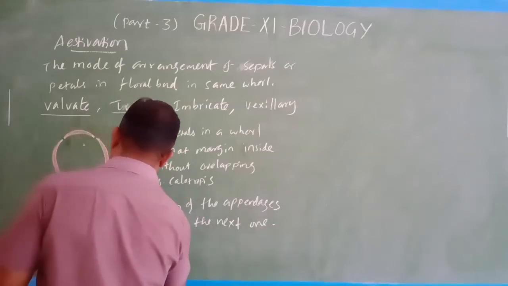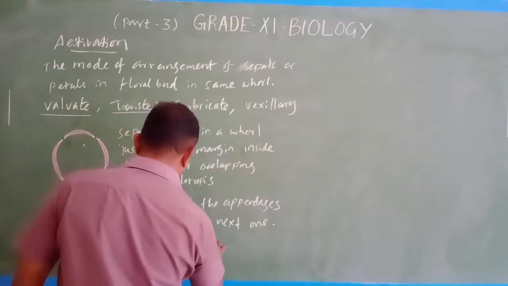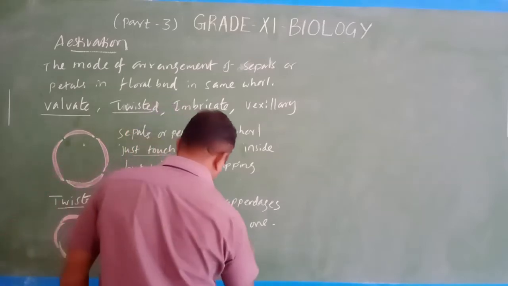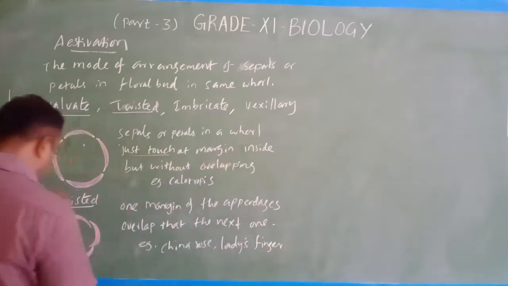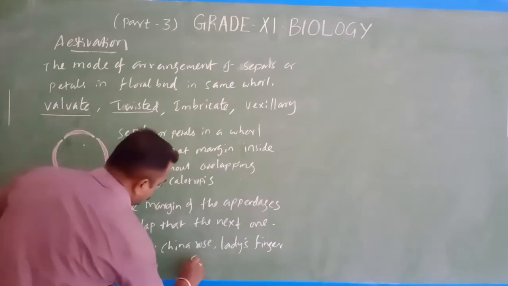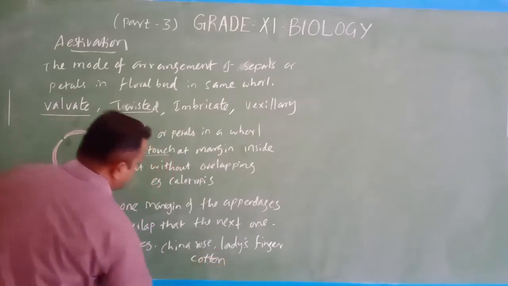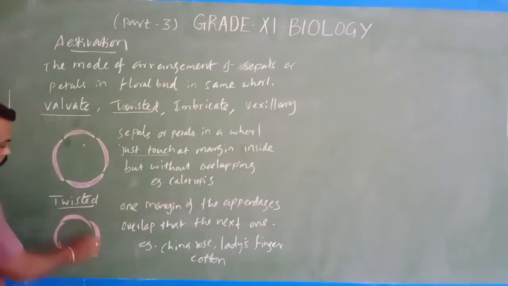Examples are China rose, lady's finger, even cotton; these are all examples for the twisted. This is one appendage, this is one appendage, this is one appendage.